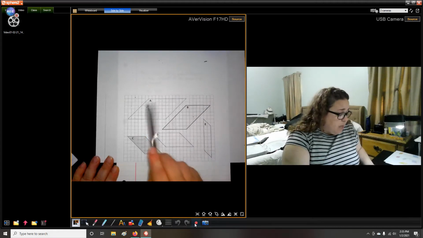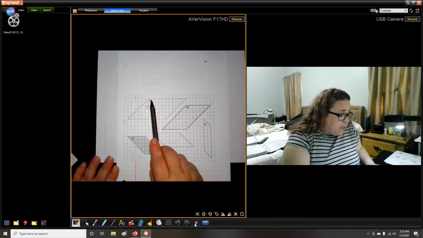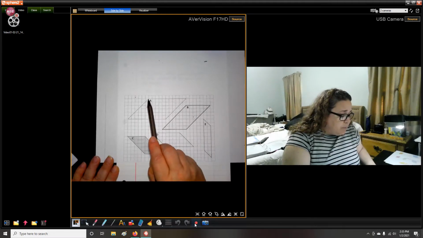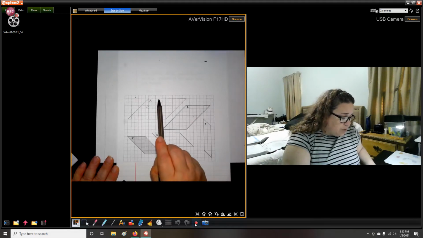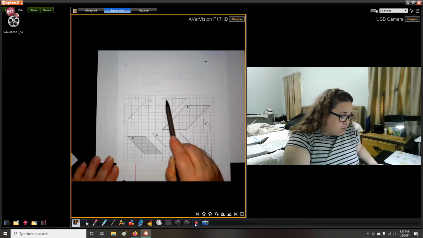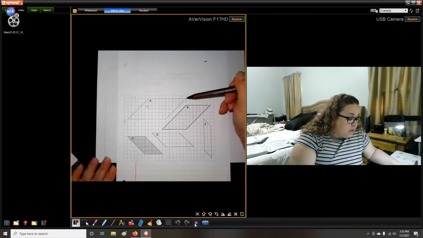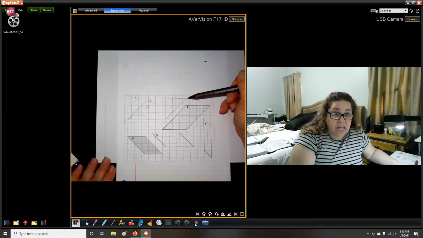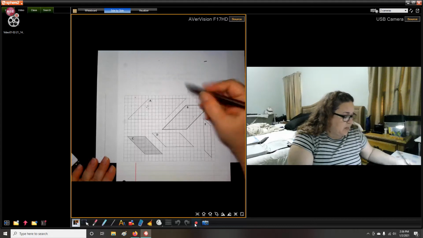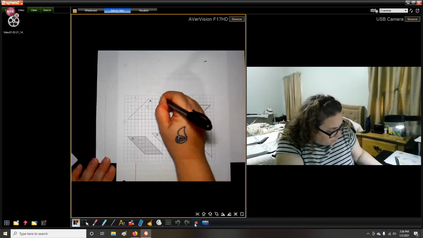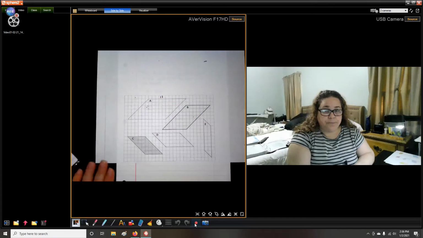The corner of each shape can take you from 1 square to 2 squares to 3 squares to 4, 5, 6, 7, 8, 9, 10, and 11. Even though it's not fully in the square, even though it's only a triangle in the square, you still count the full length of the line. So we had 11 on there.